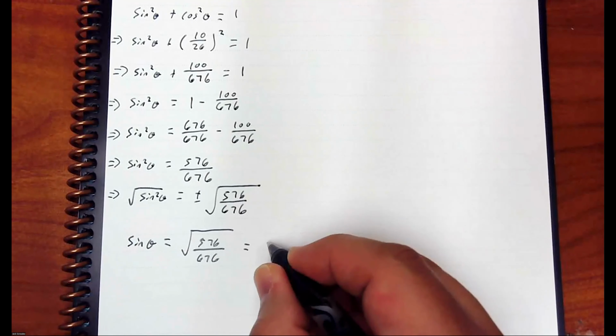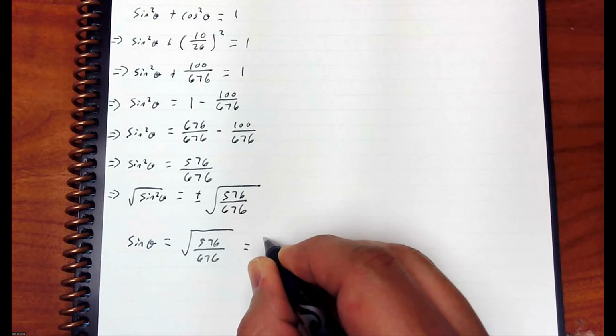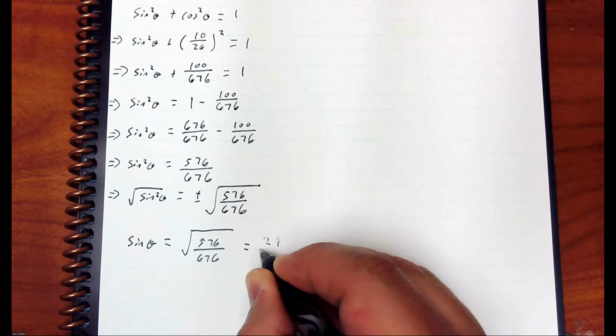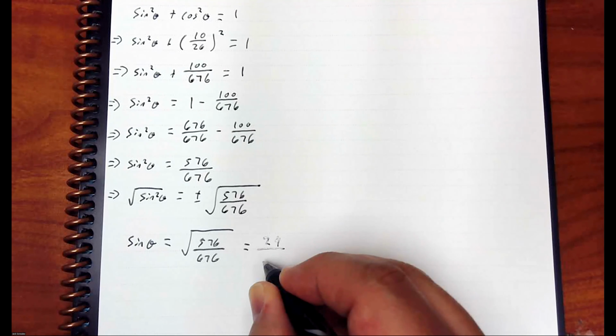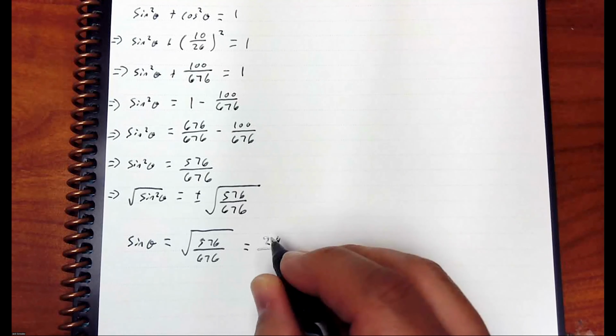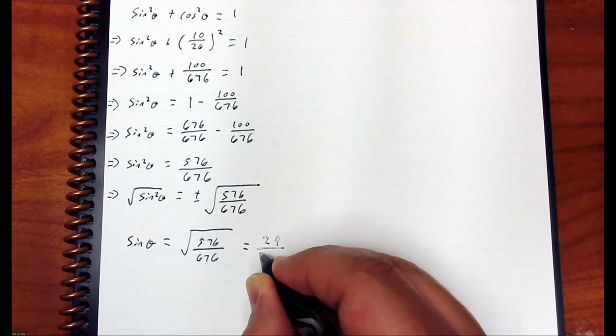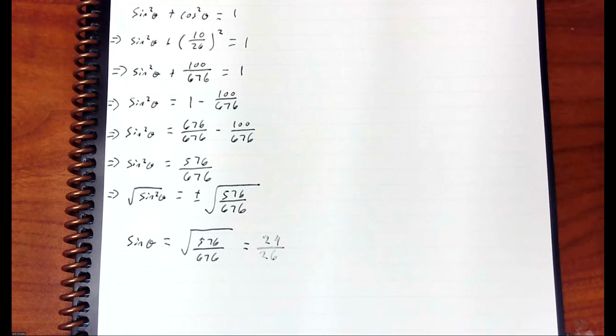So when you square root both of these, it turns out to be perfect squares. This is 24 over 26. We have sine.